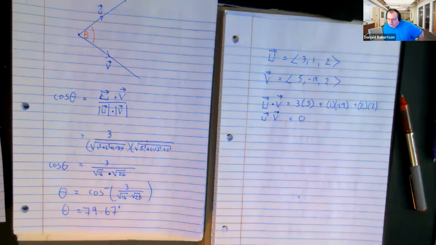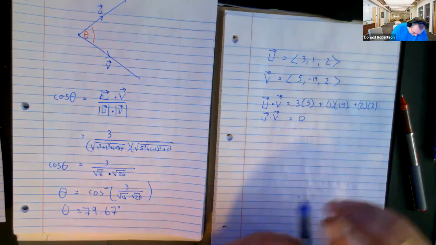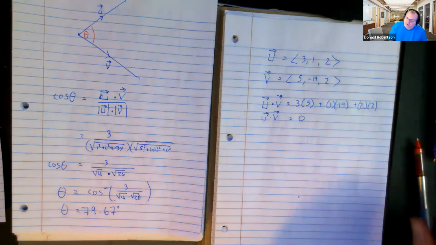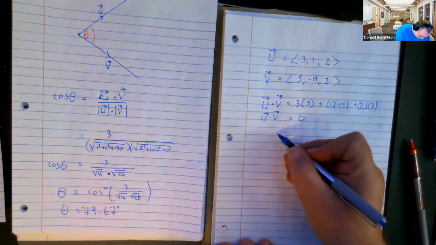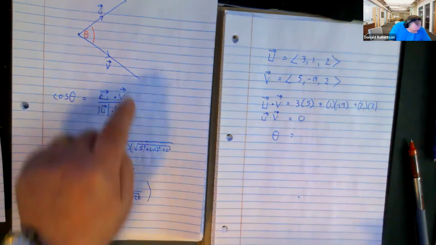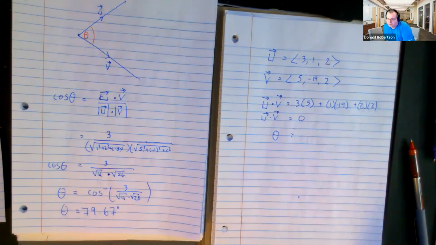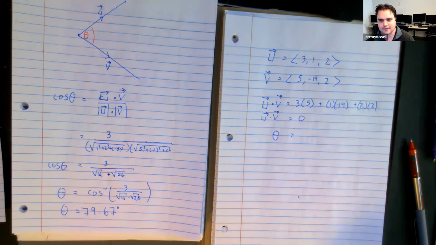If the dot product is 0 and the vectors that you used weren't the 0 vector, because that's a trivial situation, we can say something quite interesting about the angle between these 2 vectors. What angle do you think is going to be between those 2 vectors? Even though I'm not going to do the rest of the calculation, I know what it's going to be. 90.